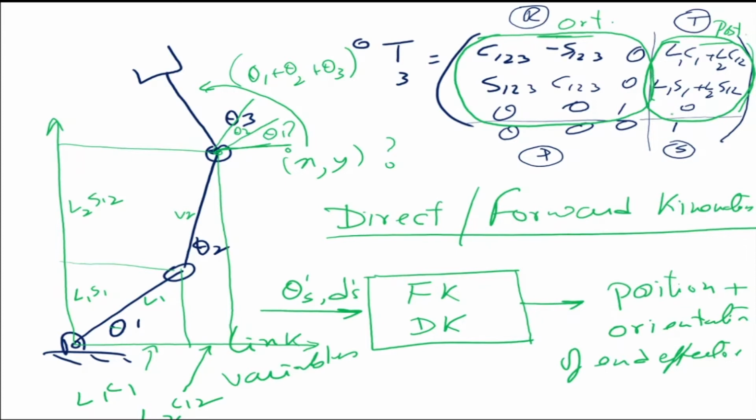So what is forward kinematics or direct kinematics? The input is the thetas, and the output is the position and orientation of the end effector. So in this matrix, suppose I give the values of thetas. Let's take an example of this matrix again.